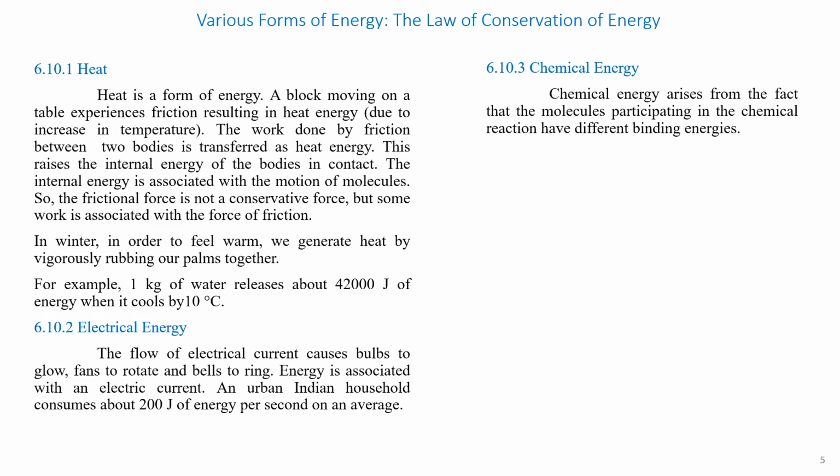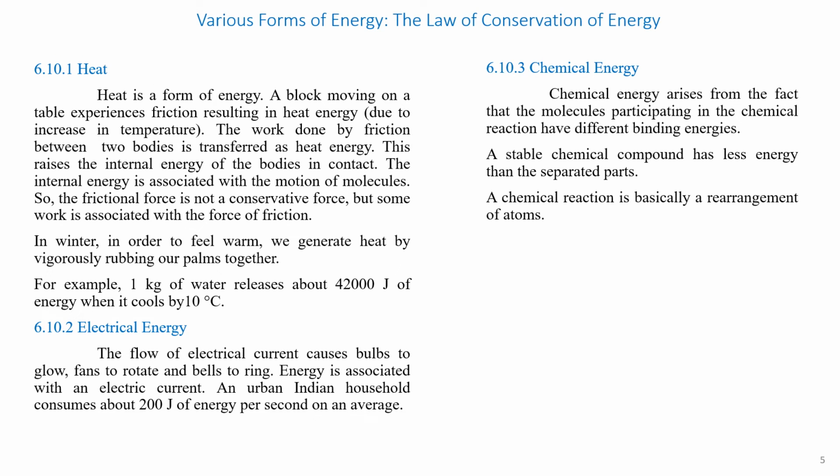Chemical energy. Chemical energy arises from the fact that molecules participating in a chemical reaction have different binding energies. A stable chemical compound has less energy than its separated parts. So, when a compound undergoes a chemical reaction, it produces a lot of chemical energy.